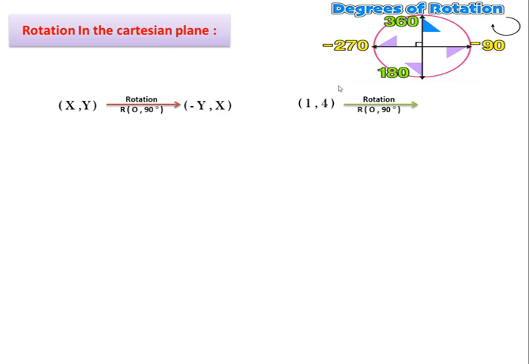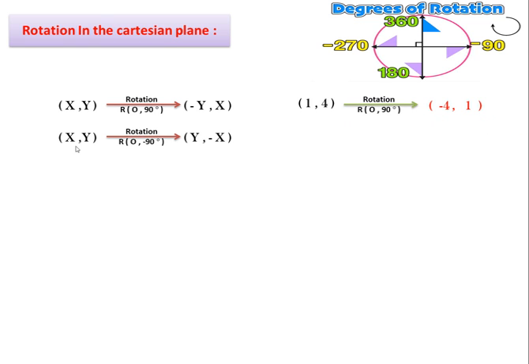For example, if we have the point (1, 4) and we make a rotation about the origin by 90 degrees, as we said before, we replace x by negative y, which is negative 4, and replace y by x with the same sign, so the result will be (negative 4, 1).